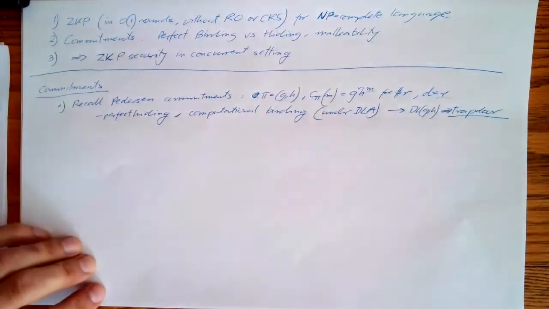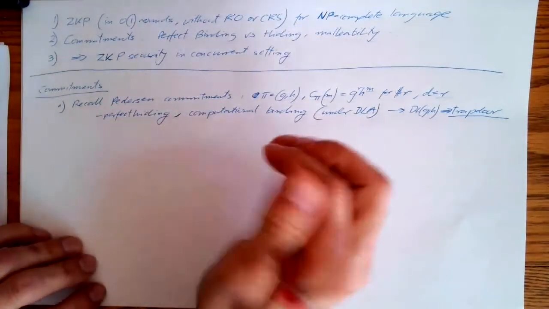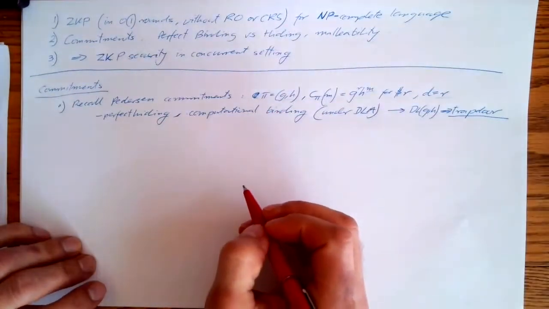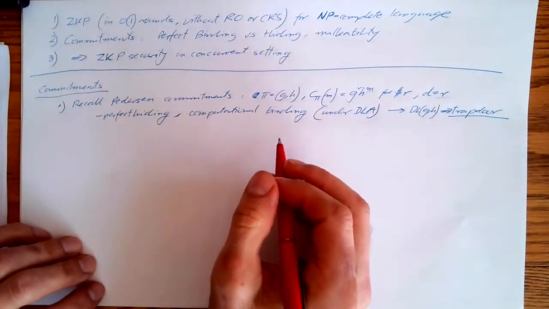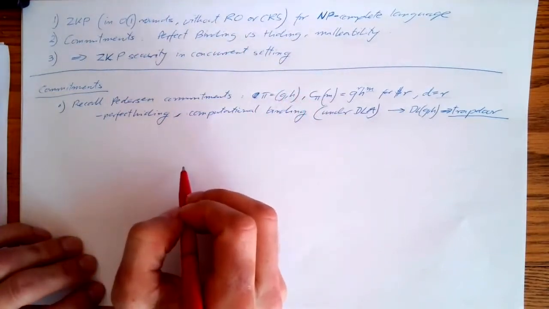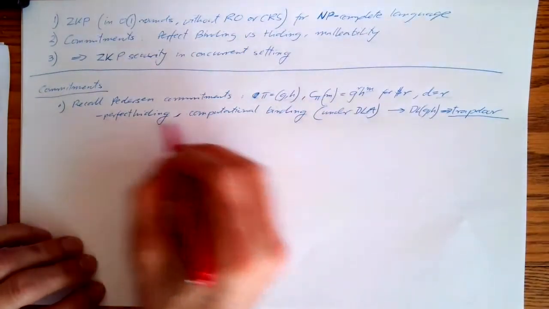Now, if you view commitments in the CRS setting, that's one way to view Pedersen commitments. Someone publishes these parameters, then everybody else can commit and decommit, and it has these properties.